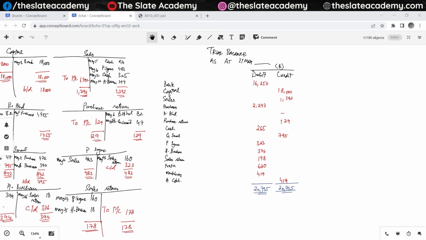For trial balance, let's see the other questions that you have done, and let's prepare the trial balances for those as well, and see if they balance or not. Okay, for the questions that you did for homework yesterday, attempt the trial balance for just one of them right now, and the remaining you can attempt as homework.